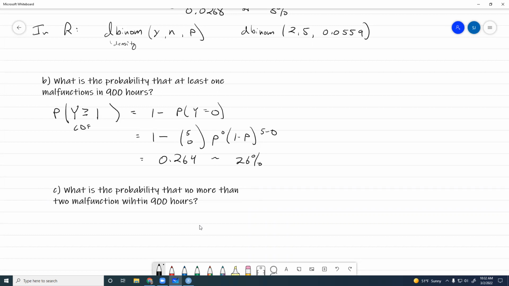As before, take a few seconds to write out this probability. So no more than 2 is the same as less than or equal to 2. We can have 2 fail, but we don't want any more.